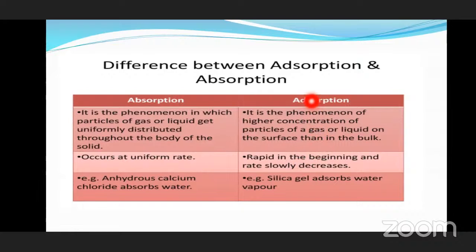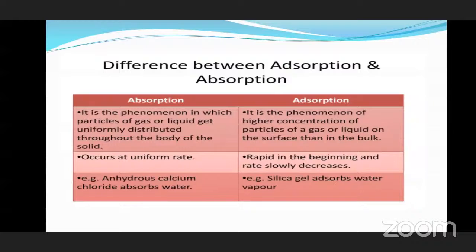Actually, the adsorption process is more rapid at the beginning and the rate slowly decreases. That means at the beginning the adsorption process is very fast and after that it slows down and keeps slowing down. So this is the second point about adsorption.